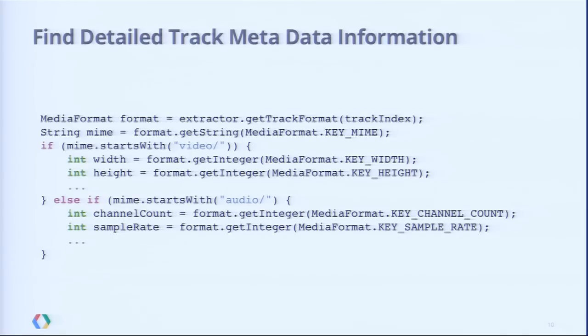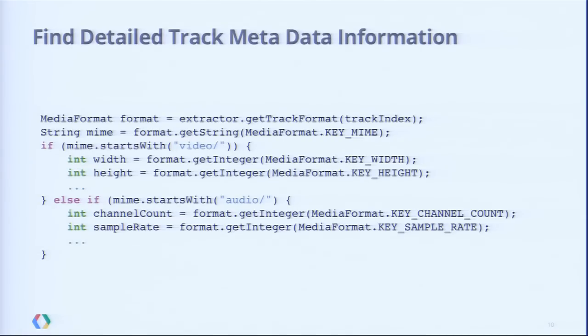So how do you find out a media track that you are interested in? You need to know the detailed track information. That's why you need to use this MediaFormat class. With this MediaFormat class, you can find out the MIME string for a specific media track.